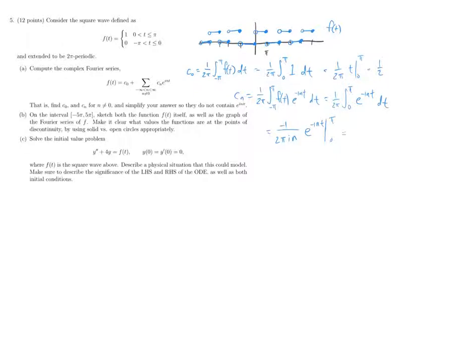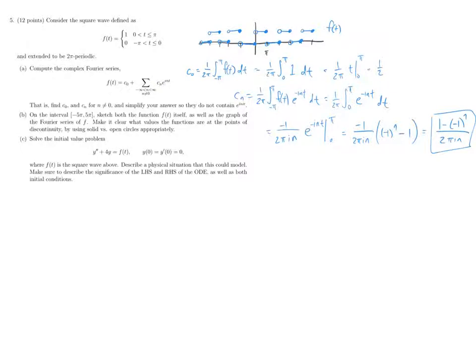If you plug in pi, you get negative 1 to the n. You plug in 0, you get 1. So this is 1 minus negative 1 to the n, divided by 2 pi i n. So that is c n. You don't need to write this if you don't want to. I mean, of course, c naught is equal to 1/2, which is what we just found.